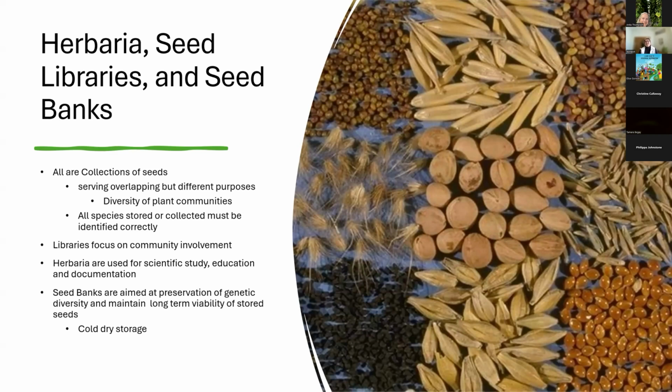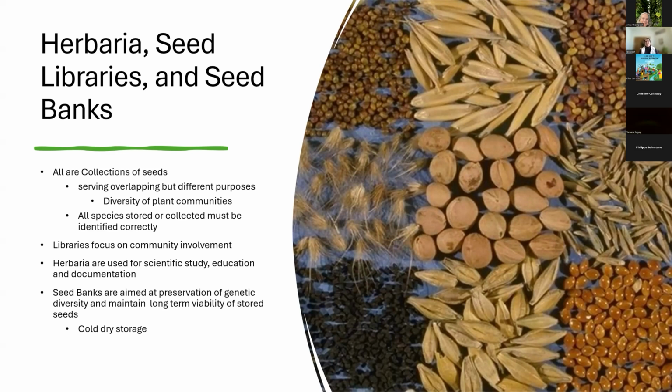So as you've already heard, libraries focus on community involvement and distribution of the seeds. Herbaria are slightly different. Even though they're a collection, they are specifically used for scientific study, education, and documentation. So they are a reference.